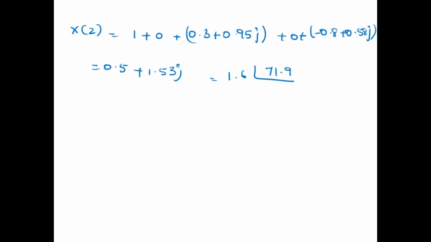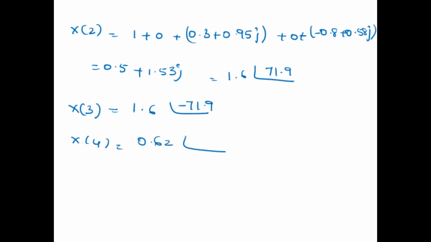Similarly, x of 3 is equal to 1.6 at an angle of minus 71.9. The x of 4 is equal to 0.62 at an angle of minus 36.5 degrees.